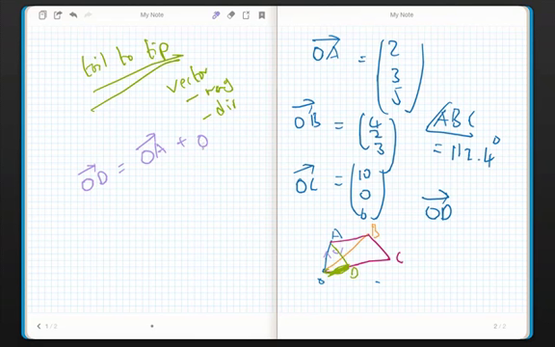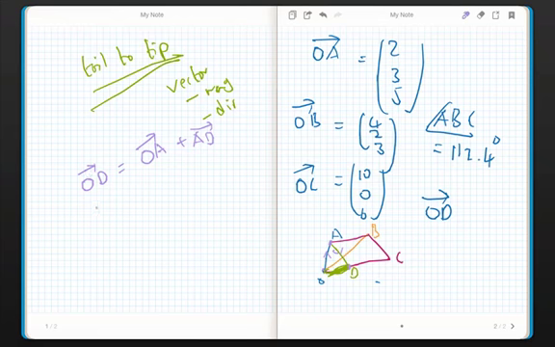Sorry. Now, how do we get that? Since it's going from the tail of this vector to the tip of this vector, and this is going from the tail of AD to the tip of AD, we know that our resultant is from the tail of OA to the tip of AD. That is the tail of one vector to the tip of the other vector. So it'll become OD automatically.